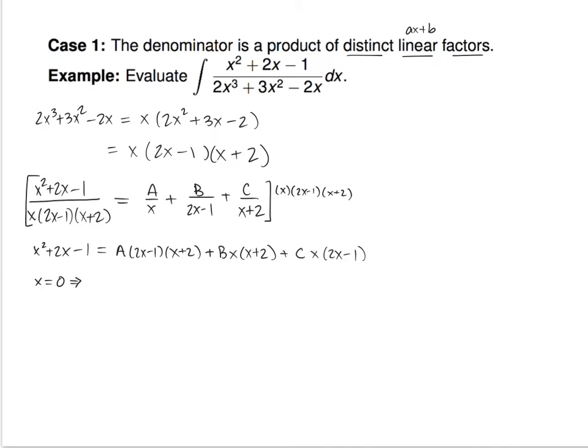Okay, if I plug in 0, what is the left side going to be? -1. On the right, I'll have a times -1 times 2. Do you guys agree with that? Okay, so that means a is equal to 1/2.